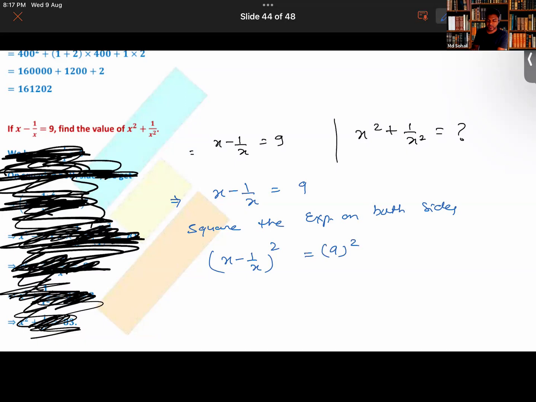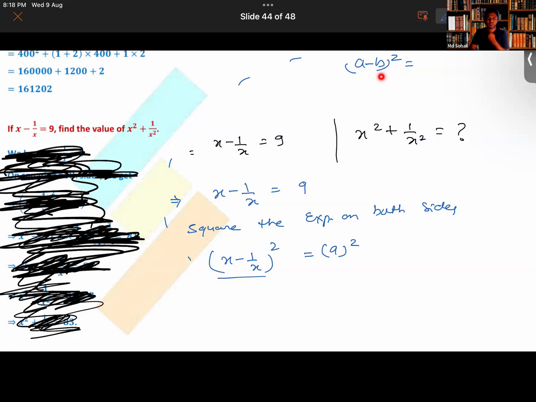If you break it as simply a minus b whole square, and we know when it is expanded, a minus b whole square equals a square minus 2ab plus b square.